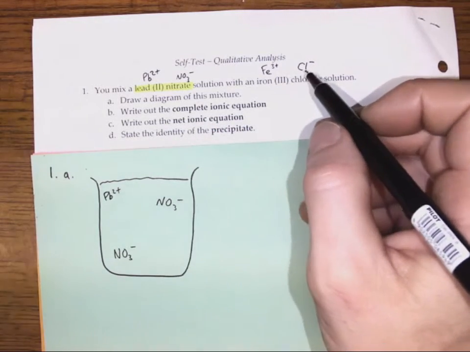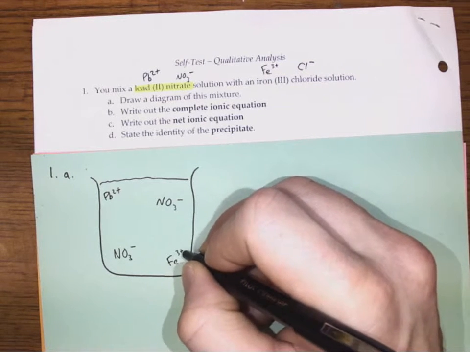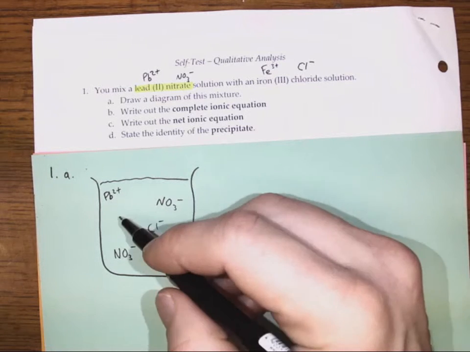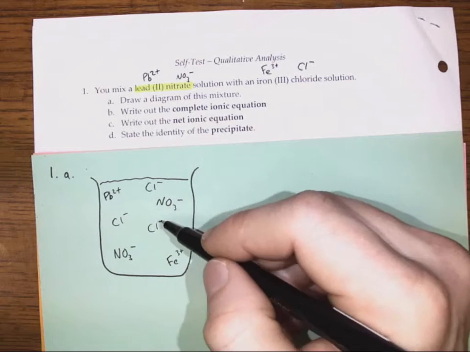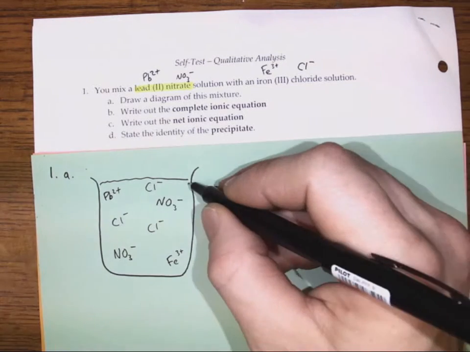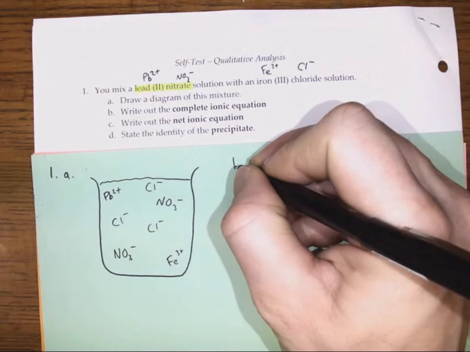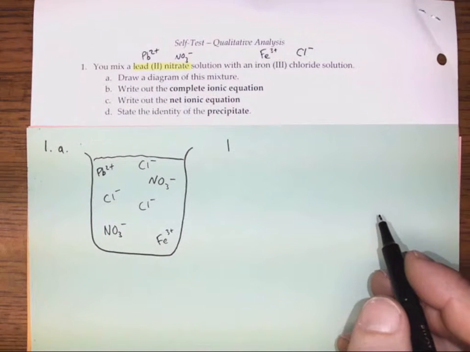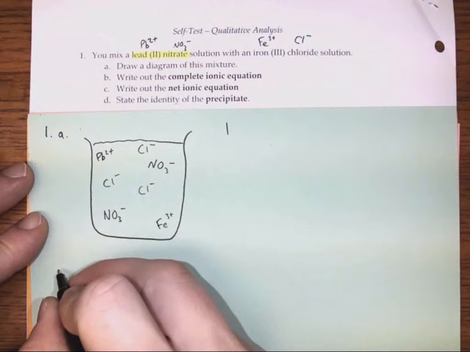And we've got this iron 3. So we've got an iron 3 in here somewhere. And it looks like we have 3 times as many chlorides as irons, because these -1 charges have to add up to balance a +3 charge. Okay, so there's our solution before anything happens. And I'm going to leave some space here so I can write an after picture if I want to, which I do want to. All right, so we'll move on to question B.